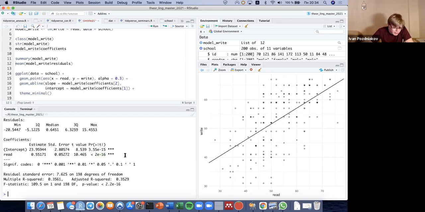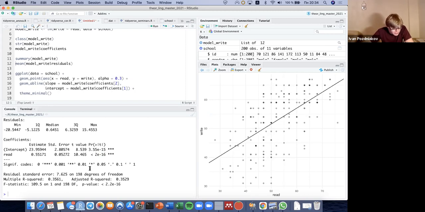So yeah, we're usually much more interested in slope coefficients. In the case of more complicated multiple linear regressions, we'll have more predictors, but the logic will be the same.